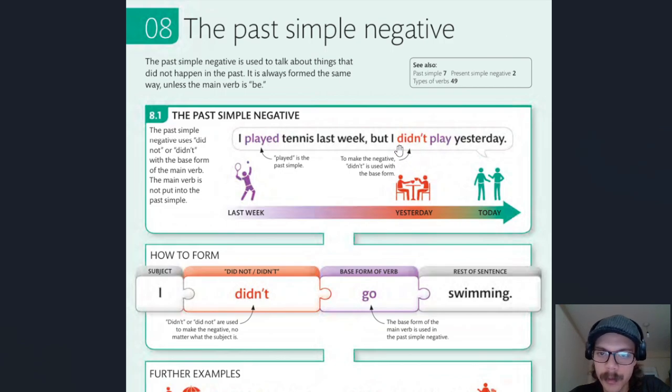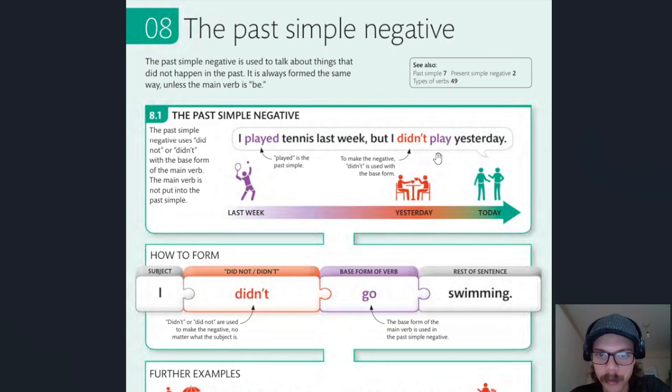You're going to notice two things. There's a word here, this word in orange, which is what makes the sentence negative. And then you're also going to notice that your verb is going to be in the base. So you have the word play, like nothing changes, okay?